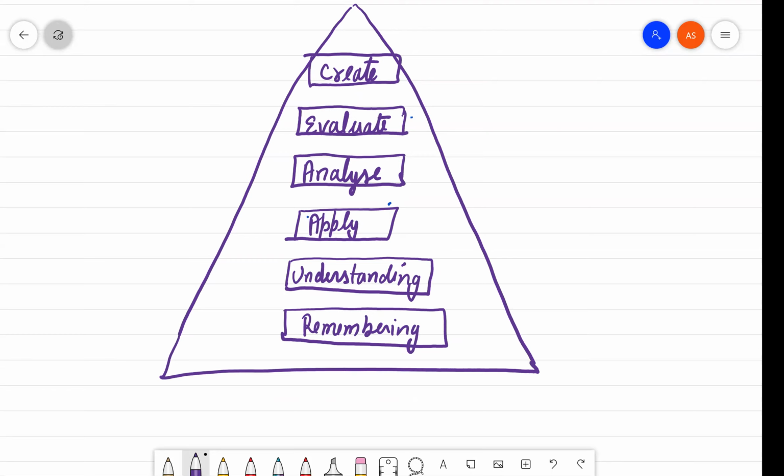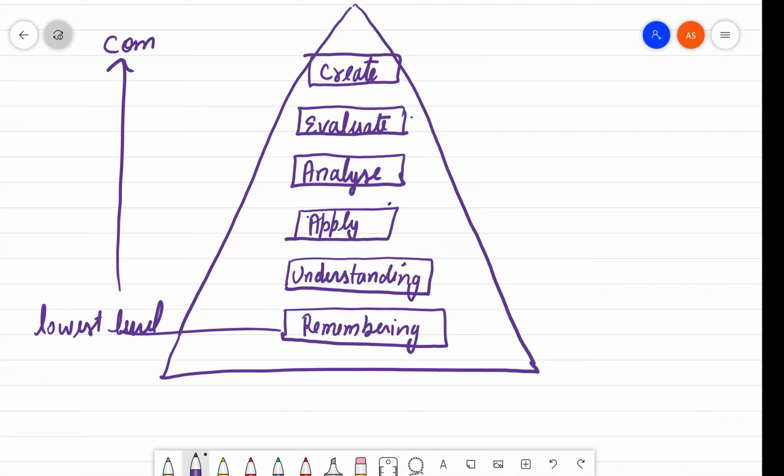It shows that the student must first master the lower level, that is remembering, which is the lowest level, and it is a fundamental or concrete level. And as we go upward, the highest level is create, which is the complex or abstract level.